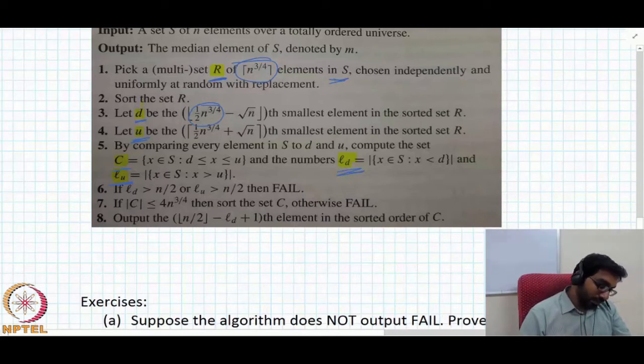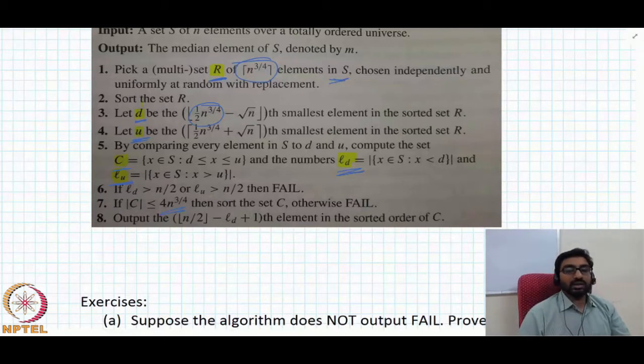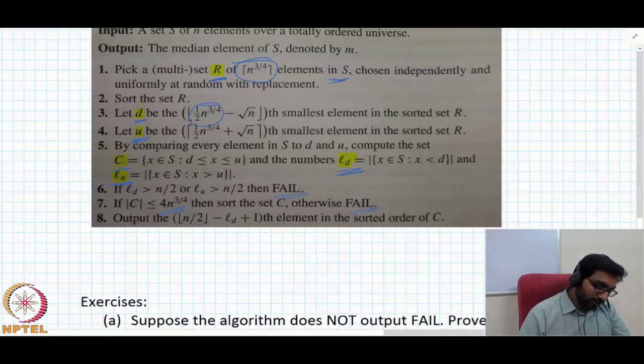And finally, the set C, its cardinality has to be small. In particular, we insist that it has to be no more than 4 times n to the 3/4. If it's more than that, then again our choice of D and U is bad. So we want to verify that our choice of D and U are good. If we realize that the choice of D and U are bad, we immediately output a fail.